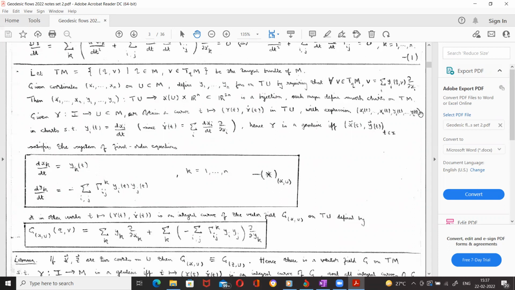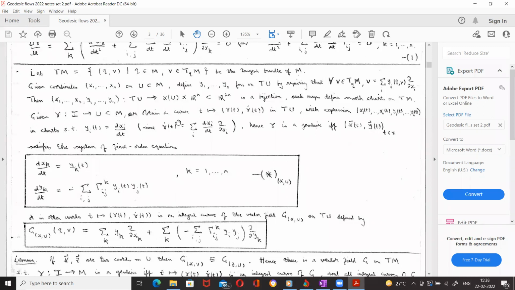The xi(t) are the positions of the curve in R^n under the chart x, and the yi's are the coefficients of del/del xi. Those we know were dxi/dt, because gamma dot of t is the summation over i of dxi/dt del/del xi. So yi(t) is dxi/dt.